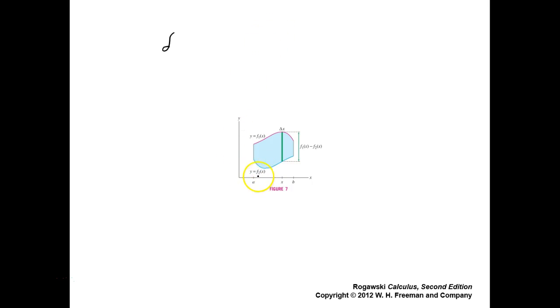That's what each one of those little increments is. The endpoints are x sub 0 equal to a, and x sub n equal to b.